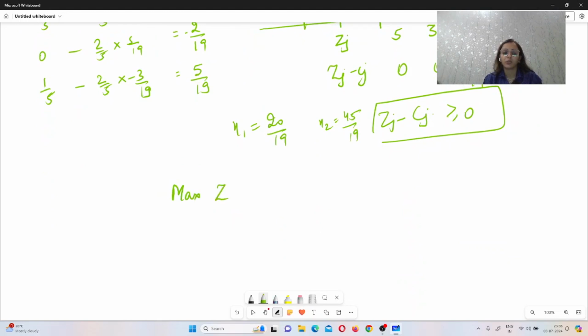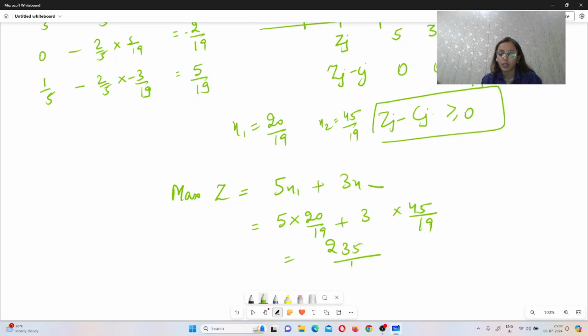What is the equation for Z? It is 5x1 plus 3x2. So putting in these values, 5 multiplied by 20 upon 19 plus 3 multiplied by 45 upon 19, and calculating, we find 235 upon 19.